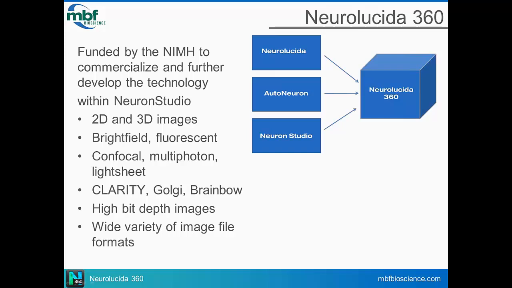Once you start talking about light sheet, you get into the big realm of CLARITY and other big data. So again, as you start talking about networks and larger data volumes, the automated tools for quantification need to be scaled up in order to manage that large, complex image data, gigabytes, terabytes of data. And NL360 is designed to do that.